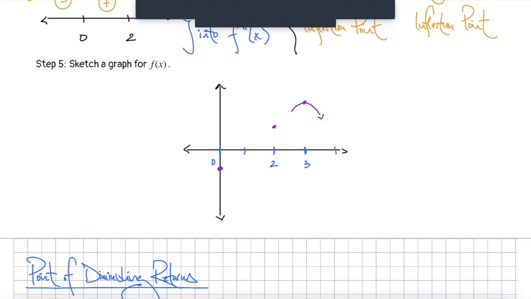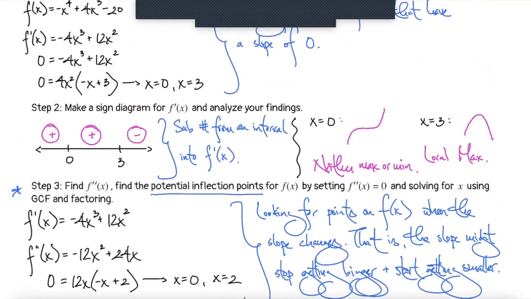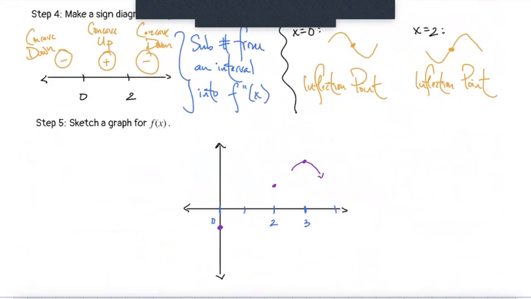Now, to fill in the rest of them, it might be useful to look at the slope of what's happening. Up until 3, that slope is always positive, right? So if I go to my diagram and I start doing this, well, I made some of that slope negative, so that's not okay.